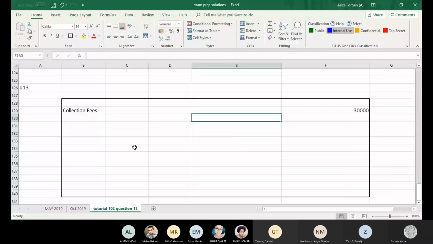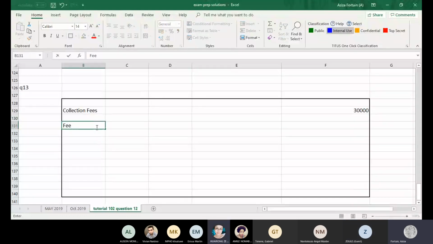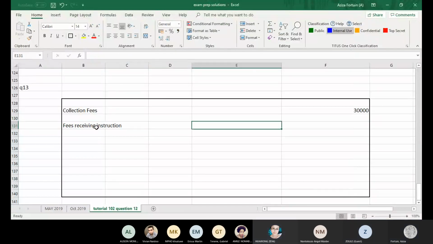Okay, the fees for receiving instruction, 250.